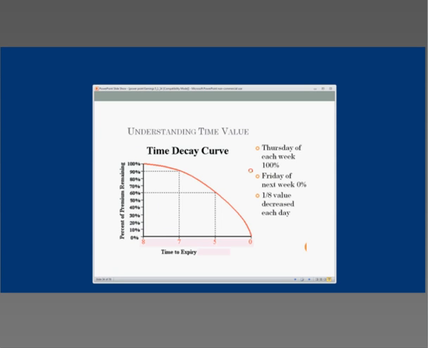And this will illustrate, if you're not familiar with the time curve, you can see here how it exponentially falls off into zero. So the weeklies come out every Thursday, so a new set of weeklies came out today, and then they're going to expire 8 days later, the next Friday. So every day, if this weekly option does nothing, if the price goes nowhere, the option is going to decay by 1/8 or about 12%.